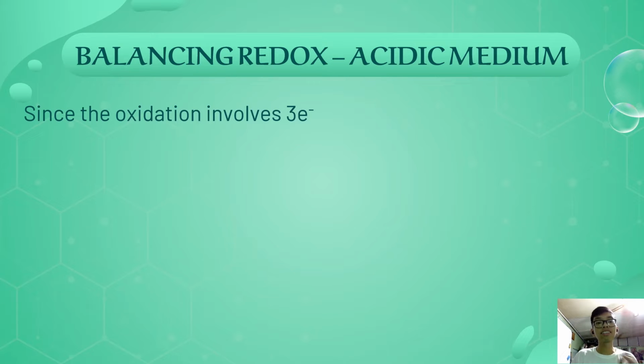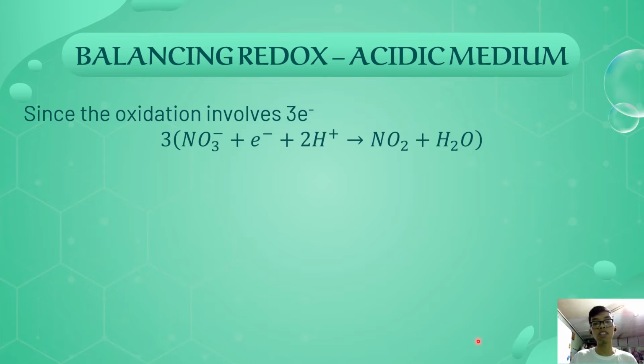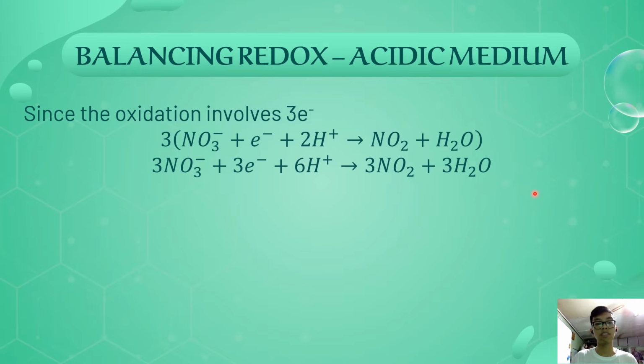Since the oxidation reaction involves 3 electrons, there is a need to multiply the reduction half reaction by 3 so that the number of electrons would cancel. We do this for the reduction half reaction, which gives us this reaction.